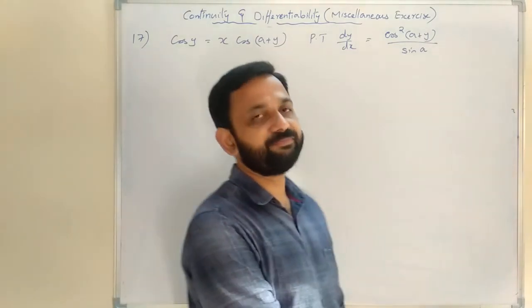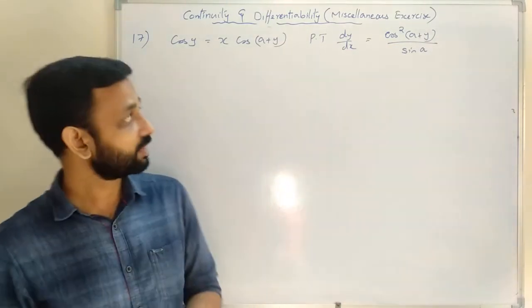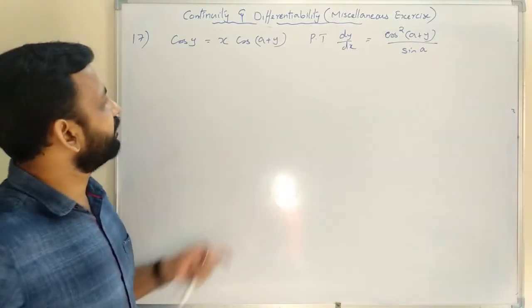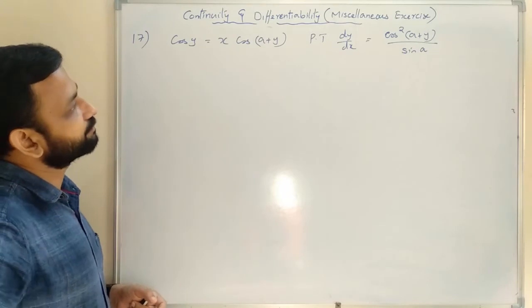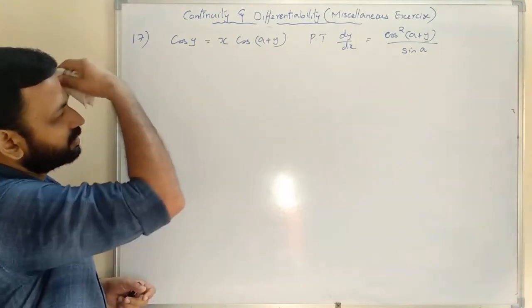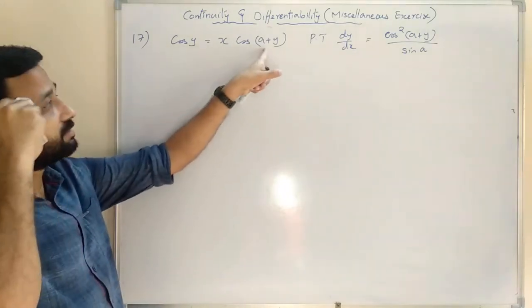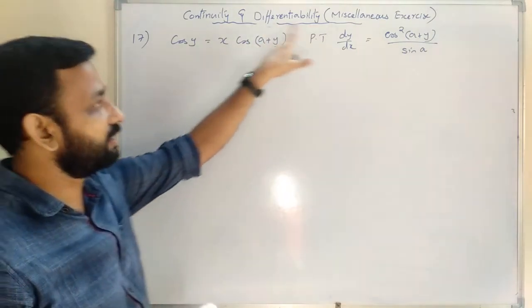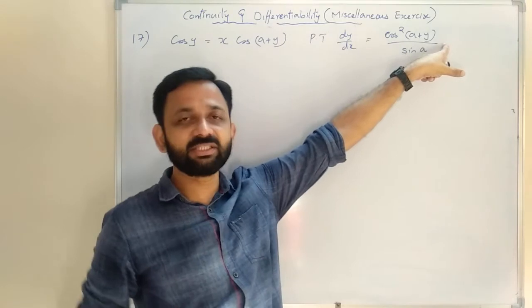That is our question. So here dy by dx we need to find out. And by the normal way, when we differentiate this one, we will apply product rule here, and when we find dy by dx, you may get a variable x there.